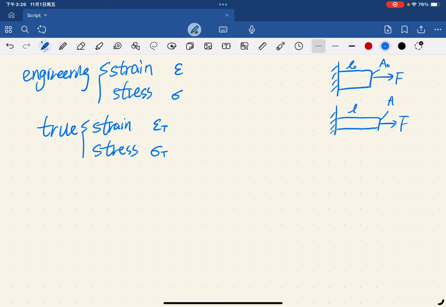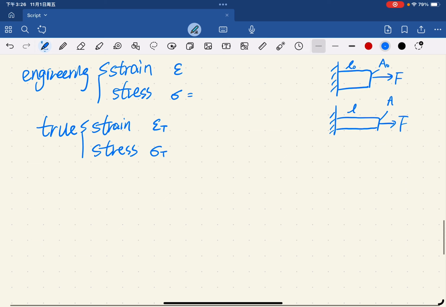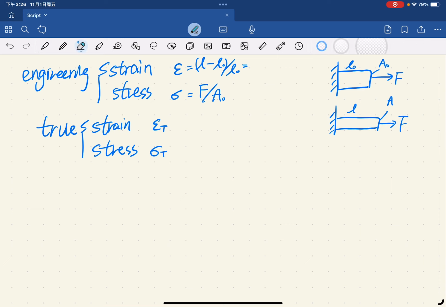To get the engineering stress, we just divide our external force by the original cross-section area, because these are easily measured by sensors or your rulers, whatever. And engineering strain is the change of length divided by the original length, which is the final length minus the original length divided by L0, which is also denoted by delta L divided by L0.